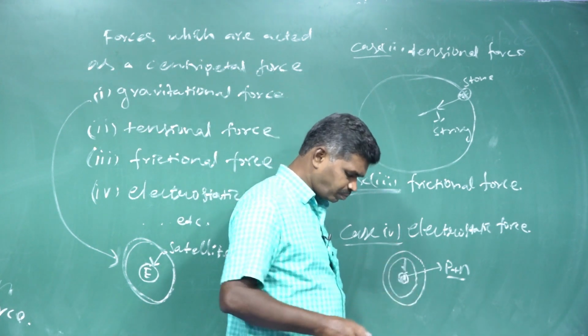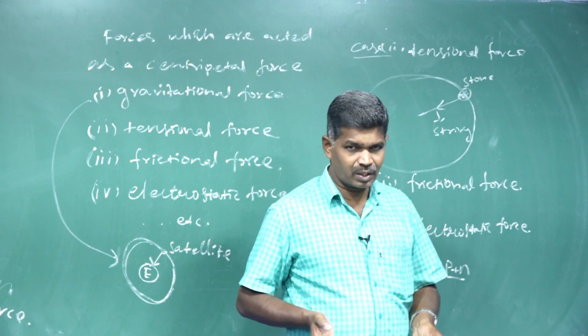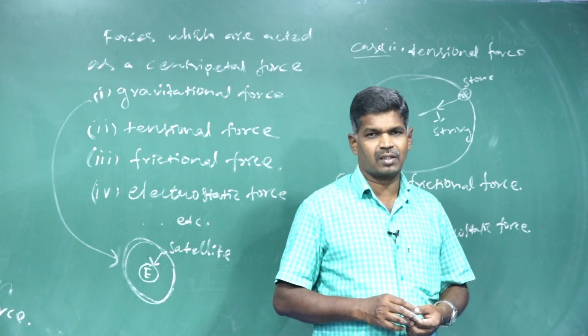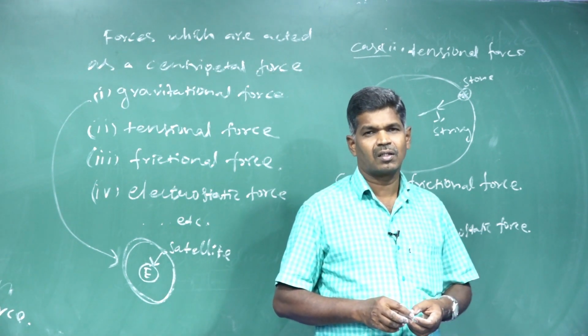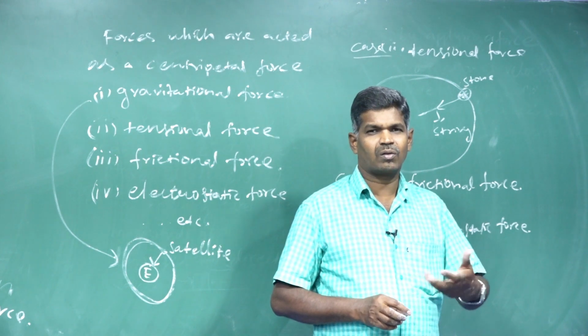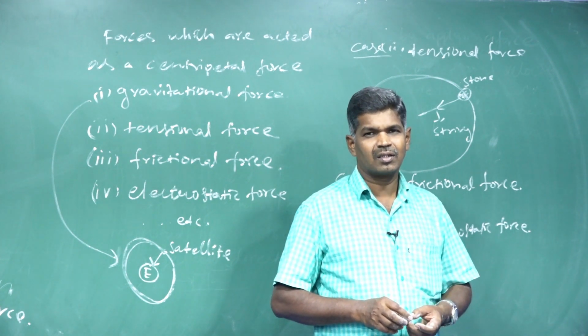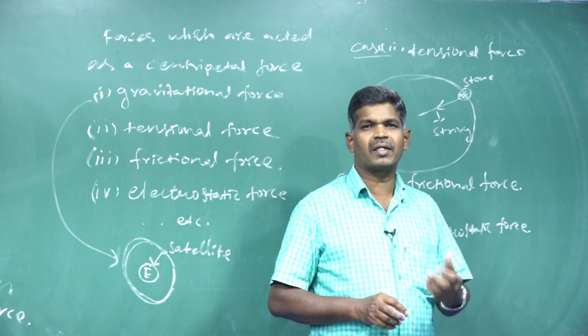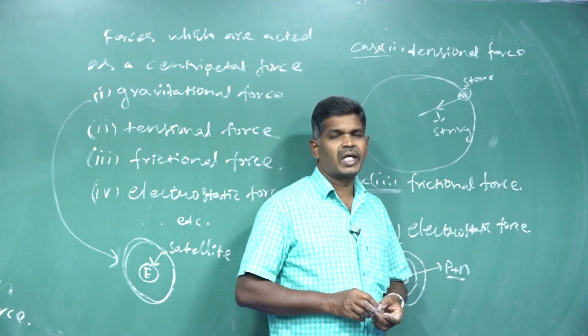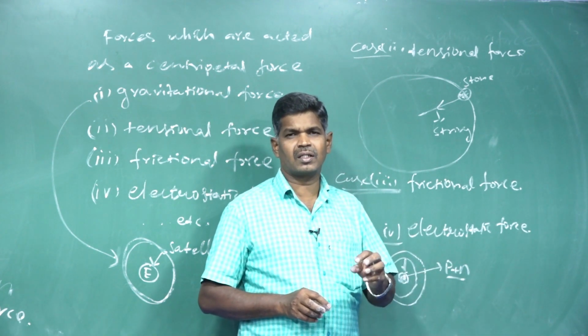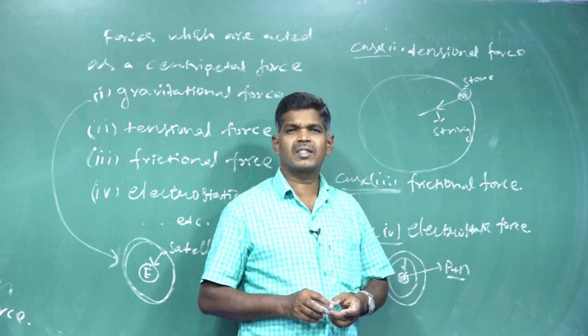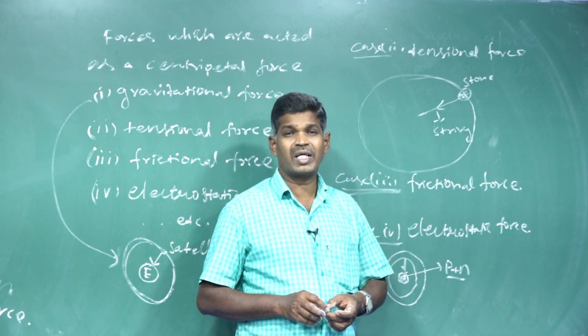So what is the centripetal force? Before this, we have completed the dynamics of circular motion. If any particle takes part in a circular motion, definitely that particle experiences a centripetal force towards the center.